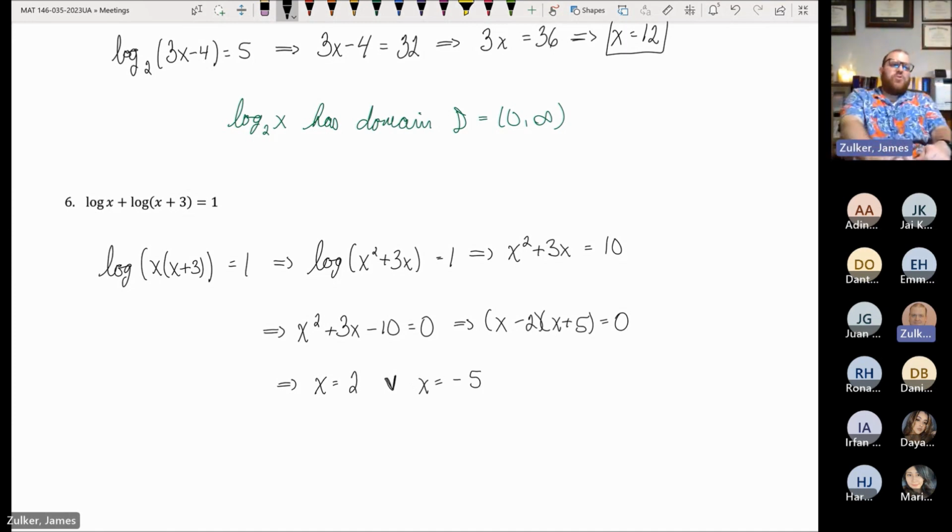We're going to get x equals 2 or x equals -5. Why can't it be -5?